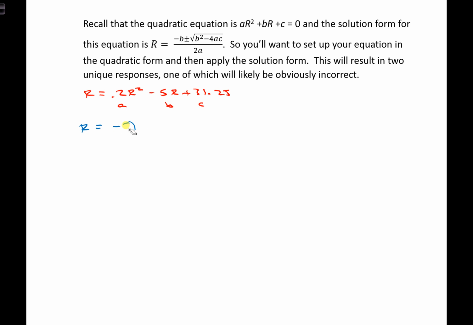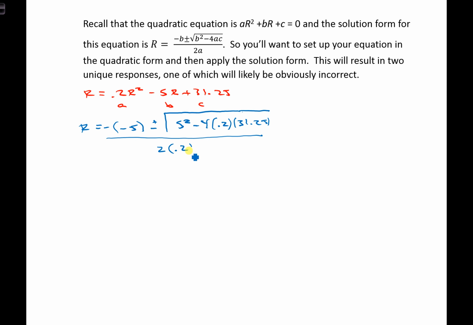Let me set that up a little differently. So negative 5 plus or minus 5 squared minus 4 times 0.2, that's A, times 31.25, which is C, and then all of that over 2 times A, or 0.2. Okay, so let's keep going here.